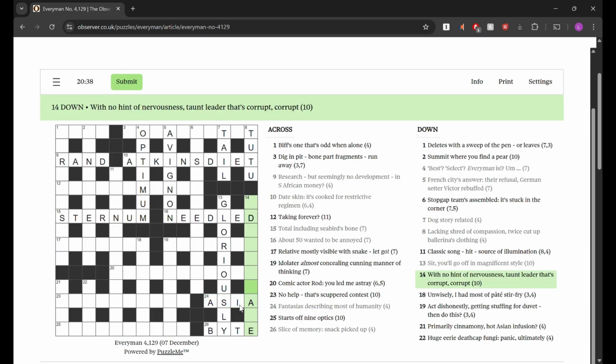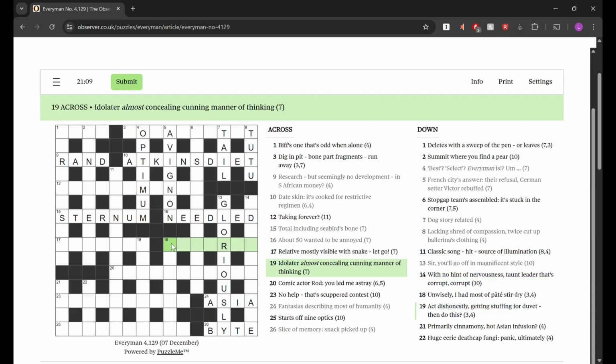I think that's what it is. Seems like we're getting letters from leader, or leader of taunt, or maybe that could just be a T.